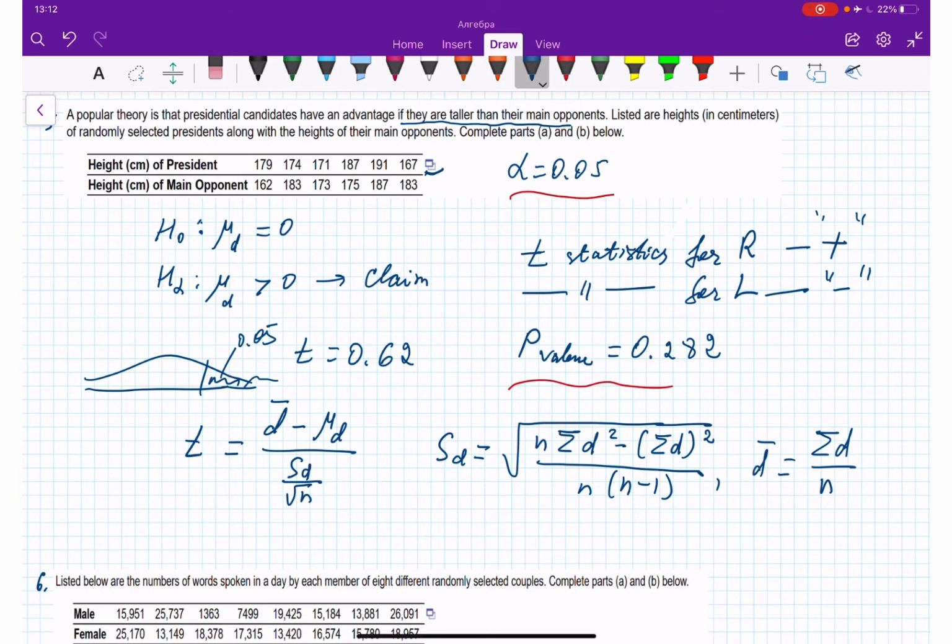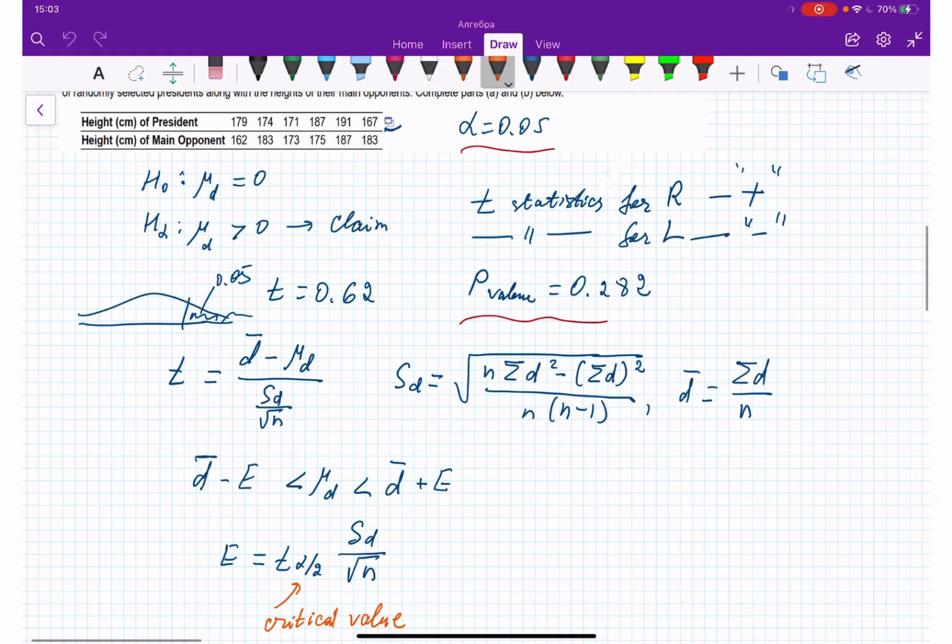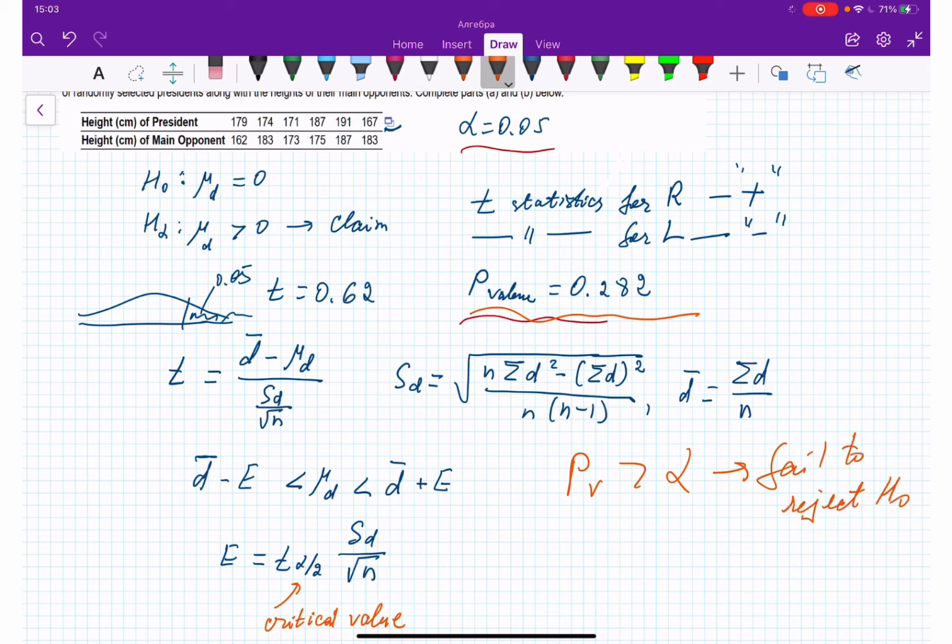Since in our case the p-value is greater than alpha, we fail to reject the null hypothesis, and we say there is not sufficient evidence to support the claim.